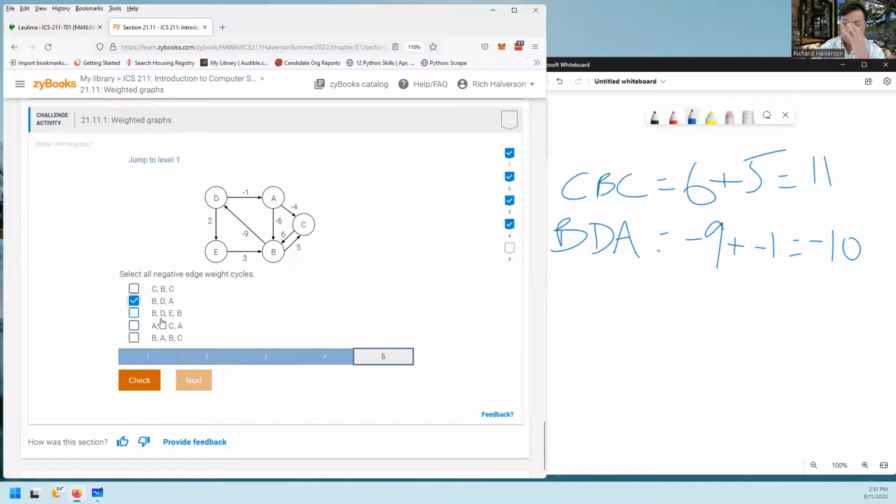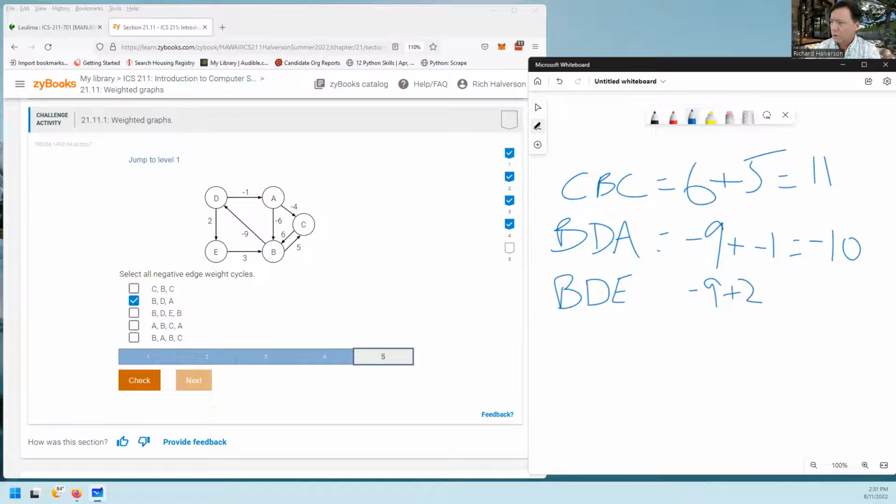How about B to D is -9, and then D to E is 2, plus 2, and then E to B is +3, plus 3, equals -4.